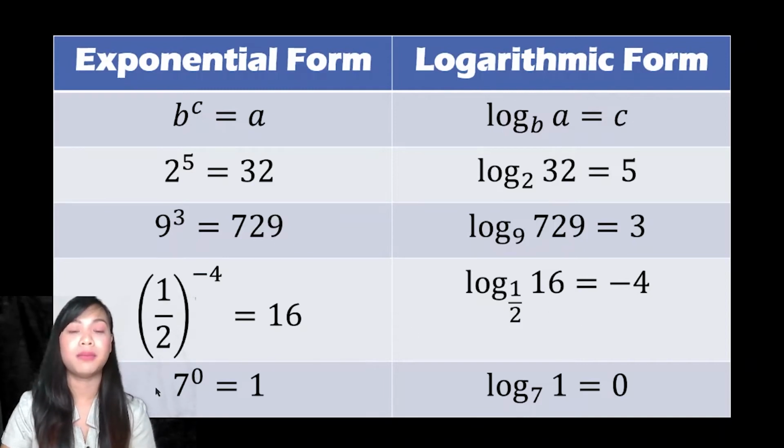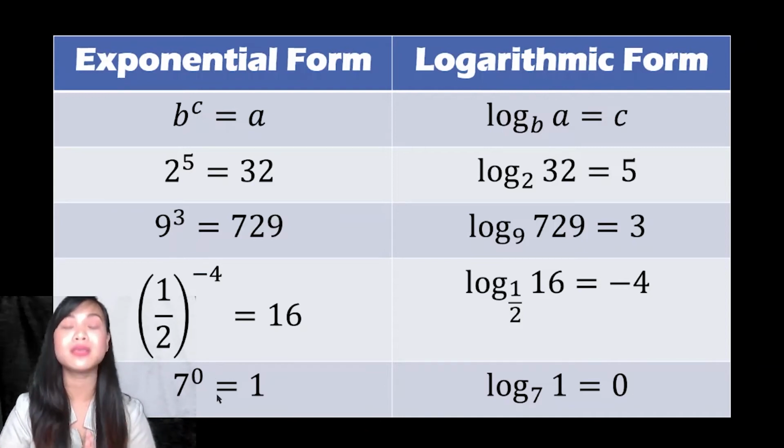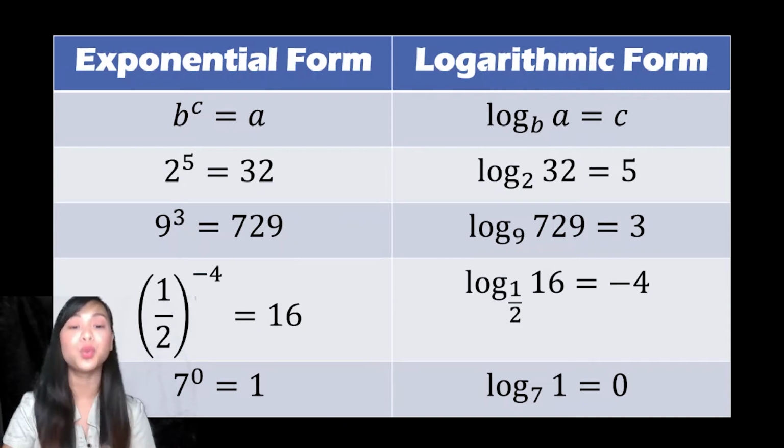On the last example, we have 7 raised to 0. Anything raised to the exponent 0 equals 1.